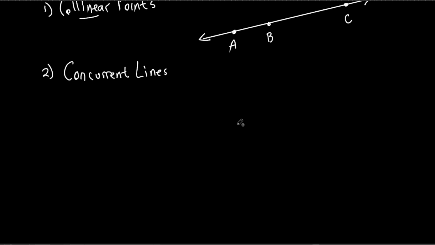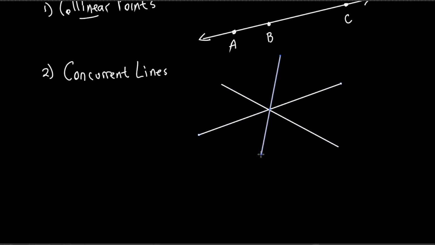So let's draw that situation. If on a quiz or a test they ask you to draw a situation where there's 3 concurrent lines, all right, so let's do that. So here's one line. There's another line. And let's say about right. That's another line. And look what they do.